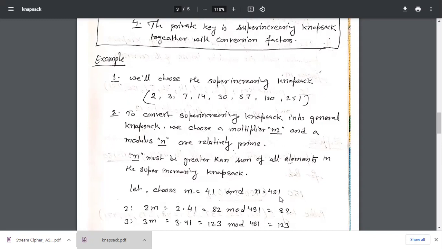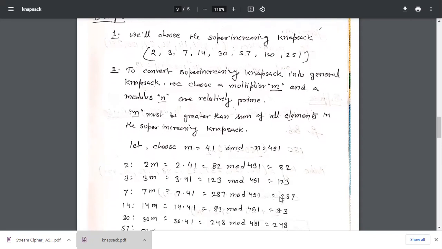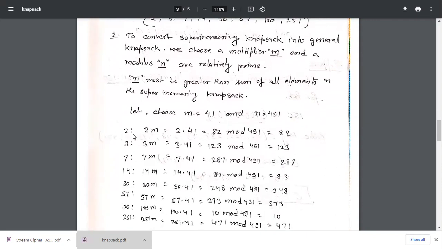So now we are going to convert the given super increasing knapsack into a general knapsack. What we will do is multiply m with the given weight, and then calculate mod n.